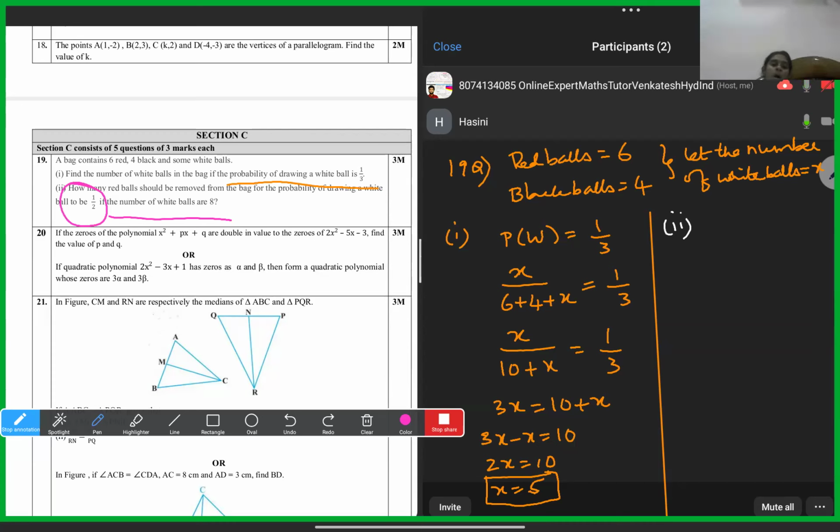Now we'll understand this situation, Hasni. So we'll write fresh values for this. Clearly in the situation what we have is white balls, 8 are there.